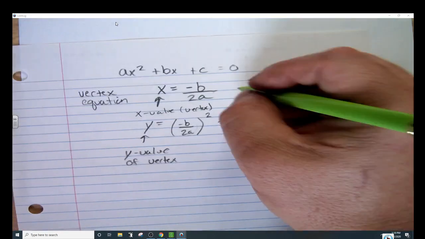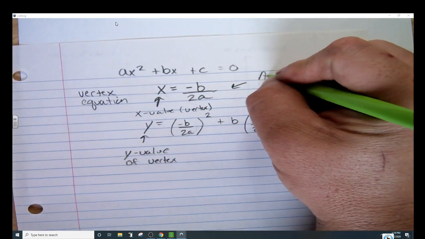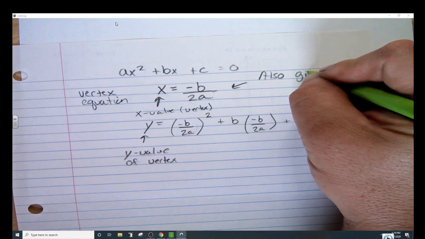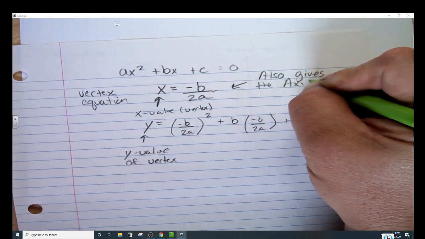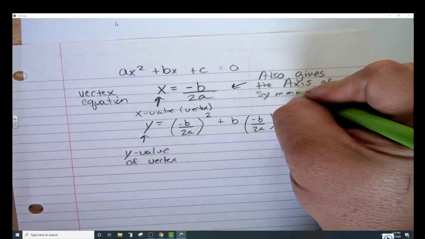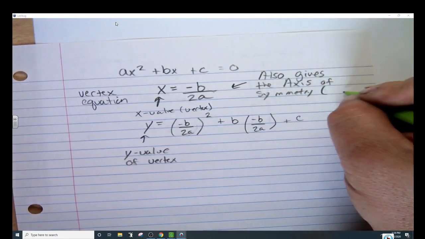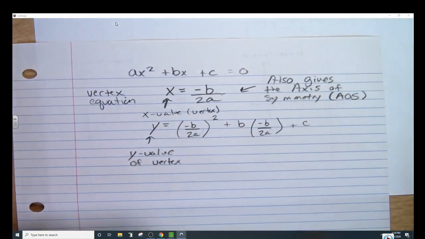Also, this formula gives the axis of symmetry. You'll see me refer to it as the AOS, and usually in your directions it'll say AOS.